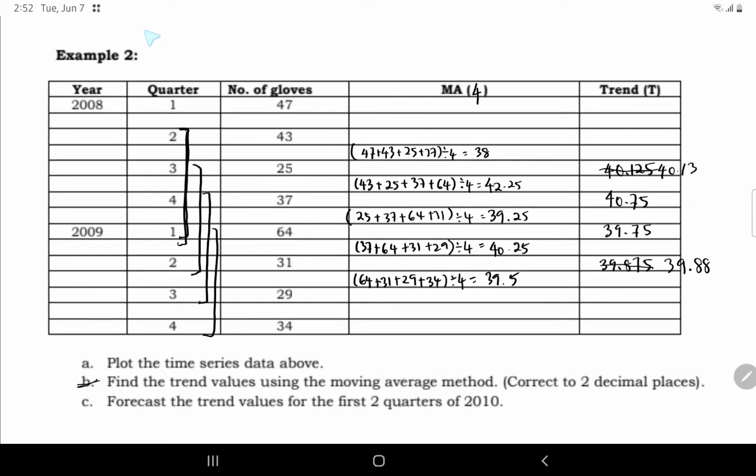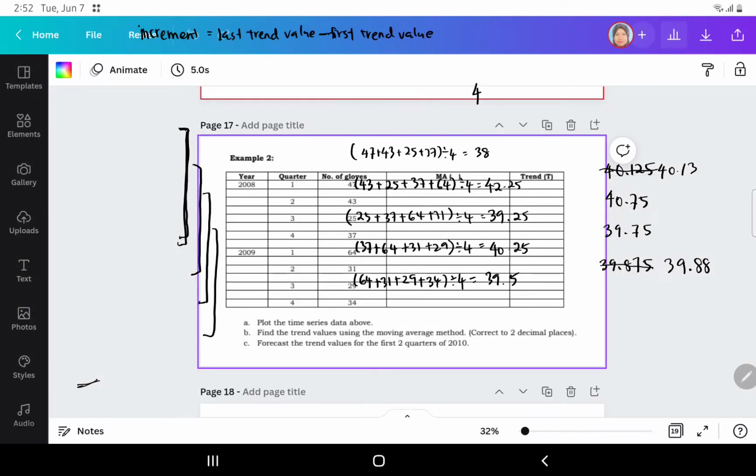First kita kena cari increment, which is last trend value minus first trend value. Sekejap.